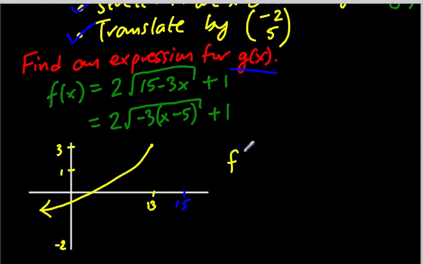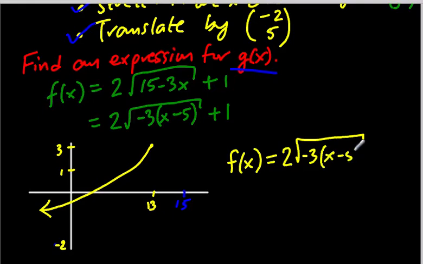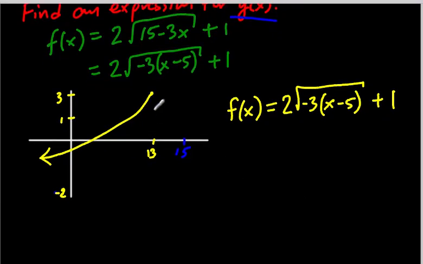So here's f of x. Okay, here's f of x is equal to 2, -3, x minus 5 plus 1. And this is obviously, if we're looking for g of x, this is clearly our g of x right here.